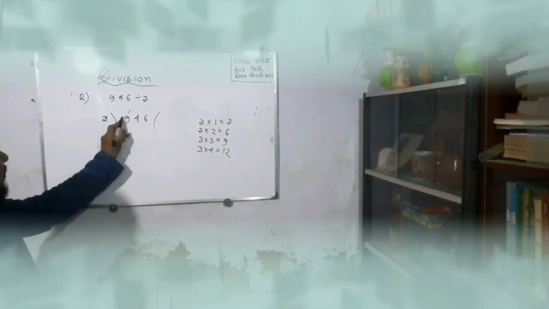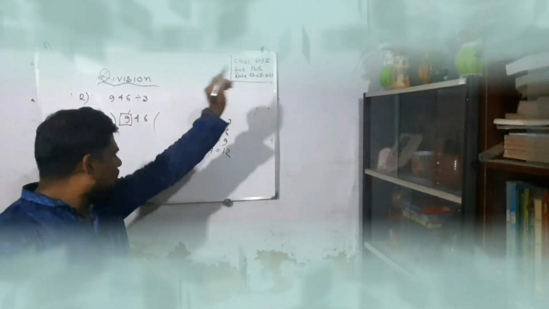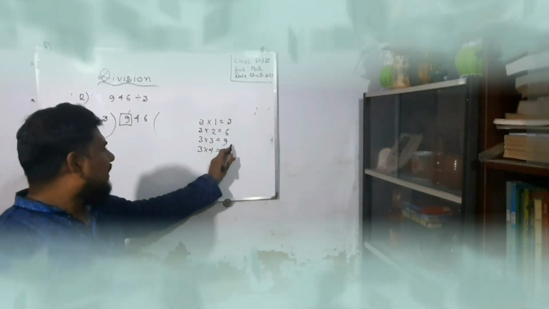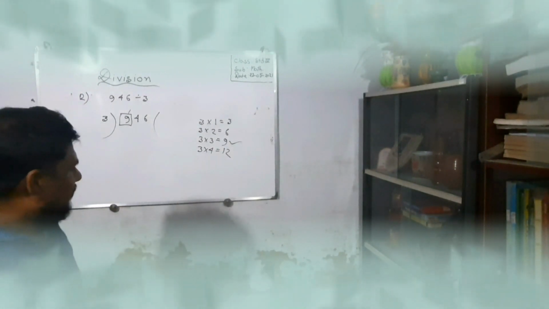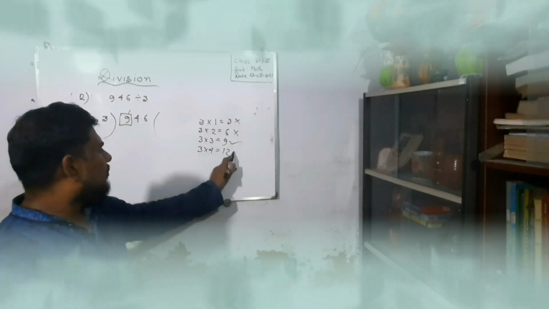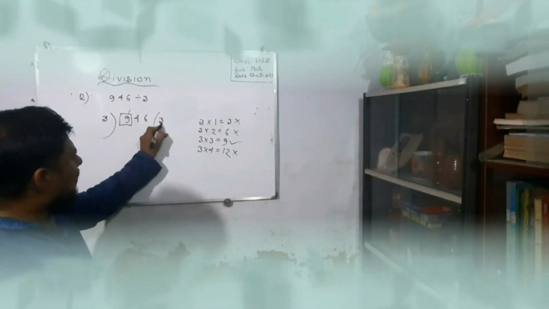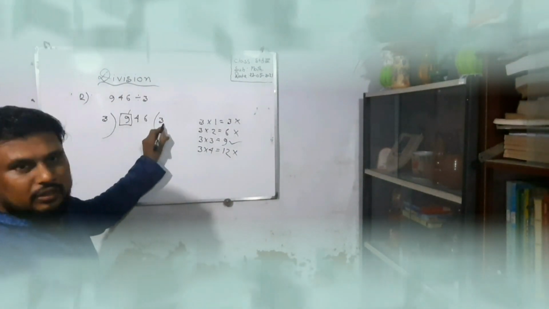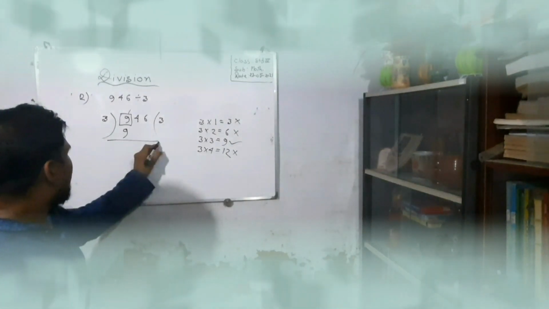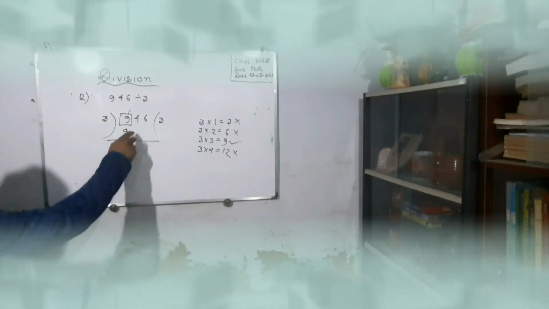So here the digit is 9, so we can get 9. This is not allowed. So we put 3 here. 3 into 3 equals 9. Then we subtract 9 minus 9 equals 0.